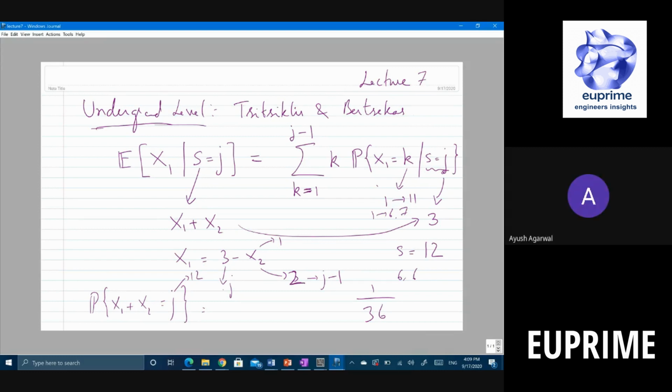But we calculated the formula of this probability of x1 plus x2 equals j as j minus 1 by 36. No, I think j minus 1 by 36. No, we didn't calculate this as j minus 1 by 36. Okay, let me just think one second.